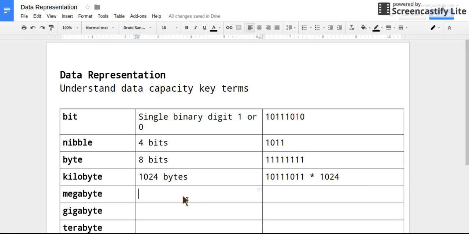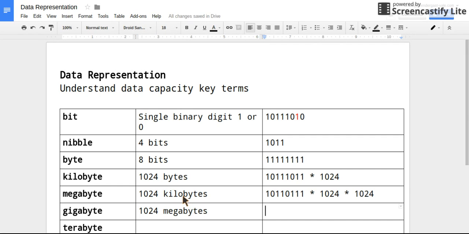So now when we talk about a megabyte, again, that is 1,024 kilobytes. So if I think about something like this, and then I times it by 1024, and then I times it again by 1024, that would give me the equivalent of 1 megabyte. Again, you're going to spot a pattern here. So a gigabyte, again, is 1024 megabytes.